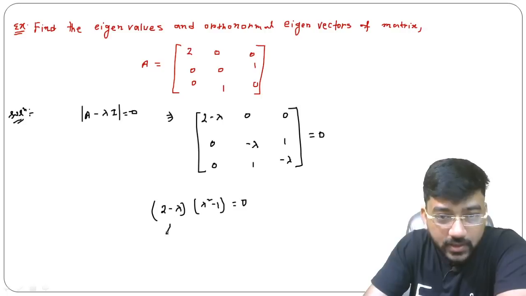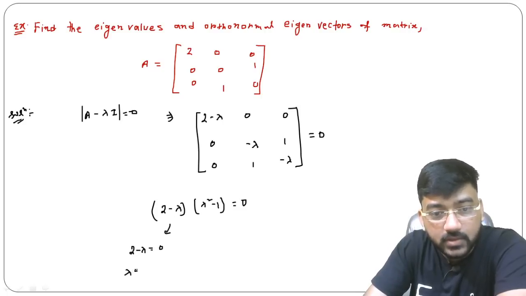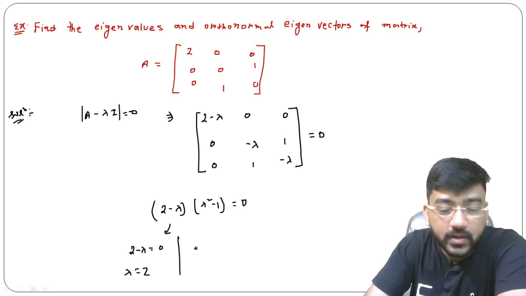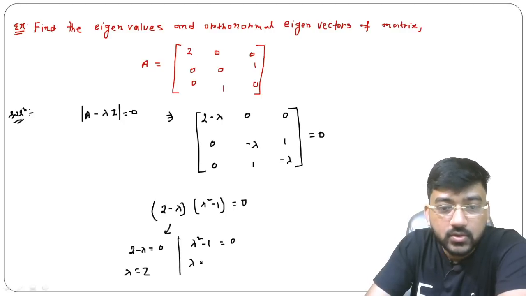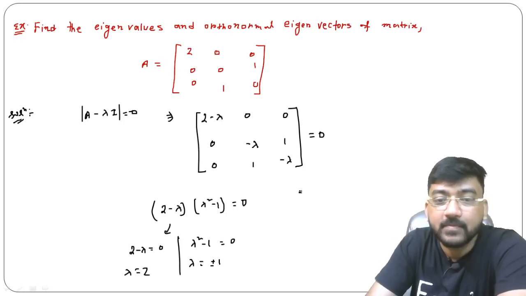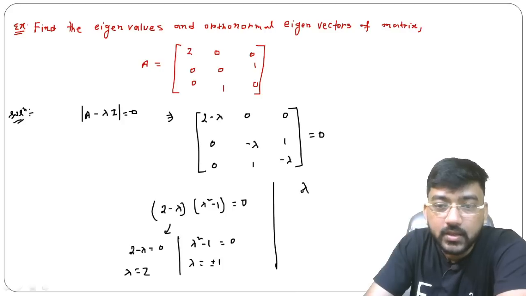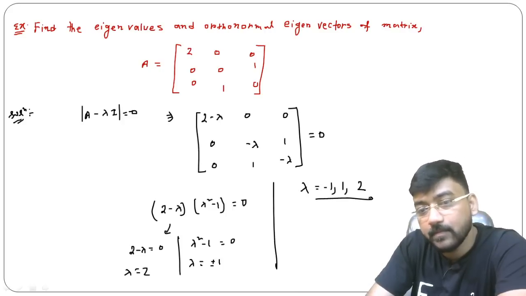So from here you will get 2 minus lambda is equal to 0, that is lambda is equal to 2, and from here lambda square minus 1 is equal to 0, so lambda is equal to plus or minus 1. So we have three eigenvalues: minus 1, plus 1, and 2.